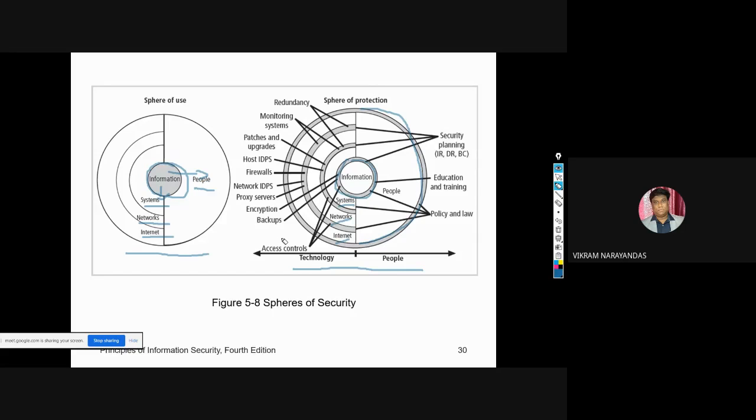It should be based on the layer of protection and control, how they are controlling your information. For example, you can take items labeled generally as policies and laws.